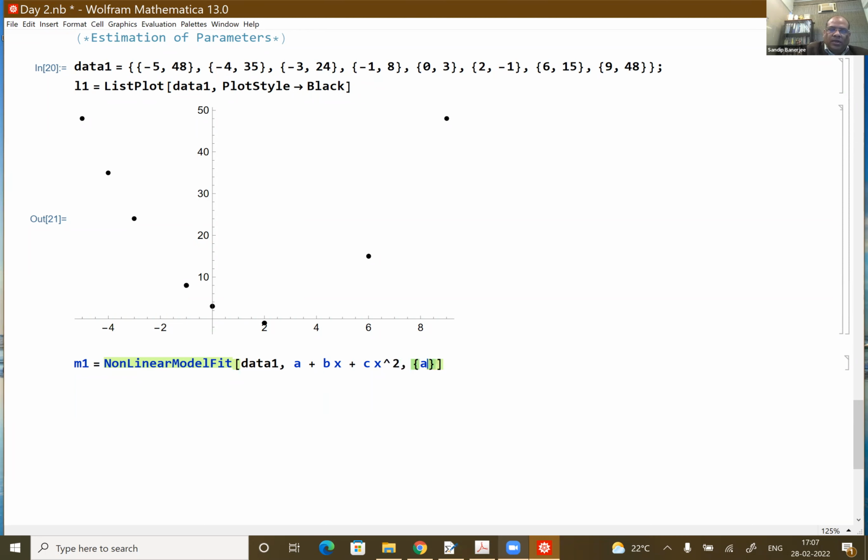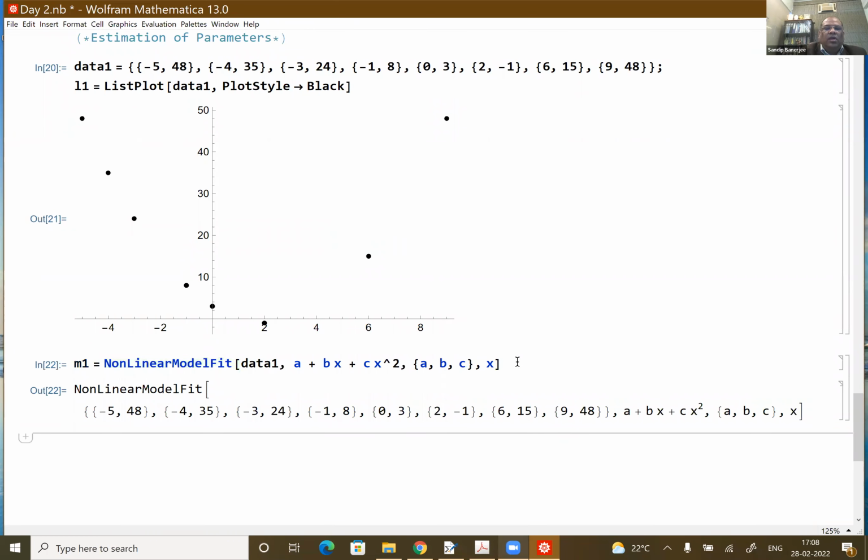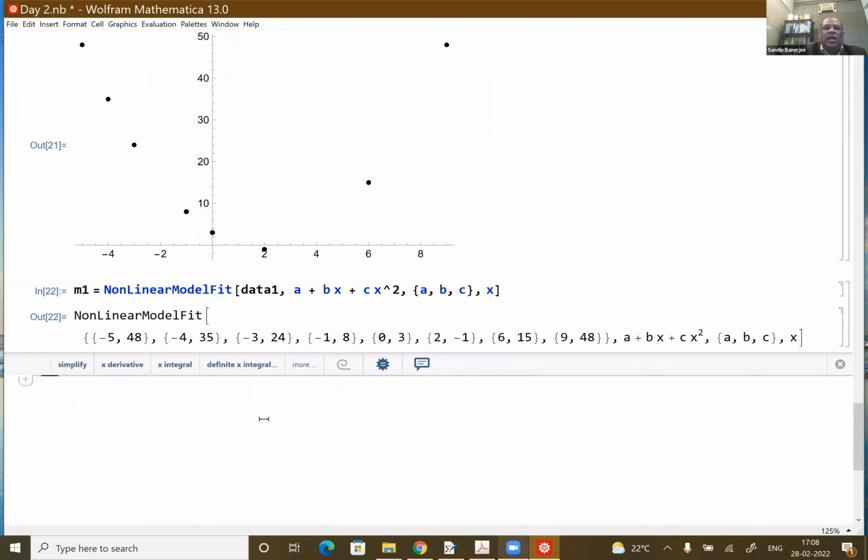The parameters are A, B, C, and the variable is X.